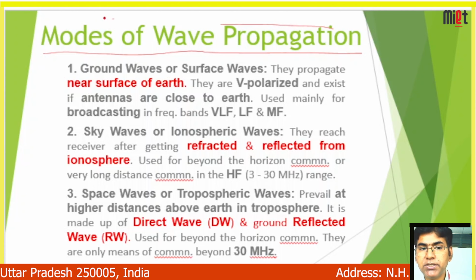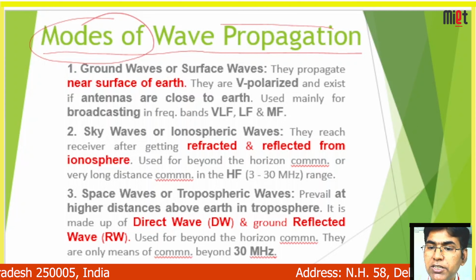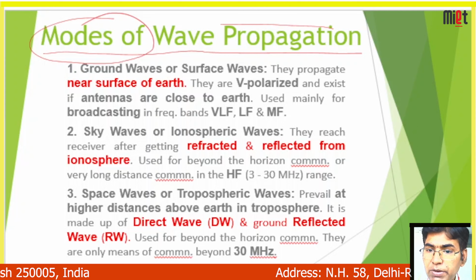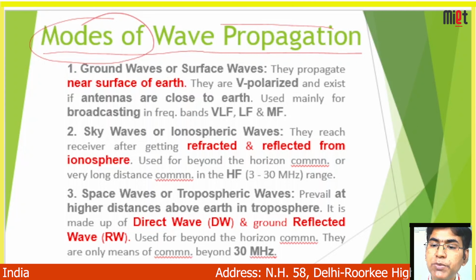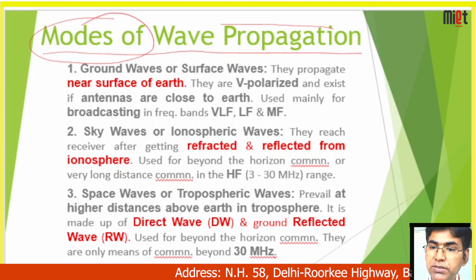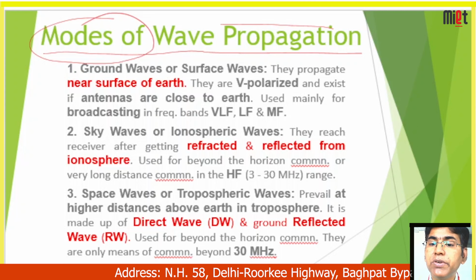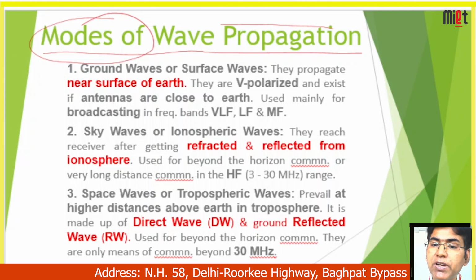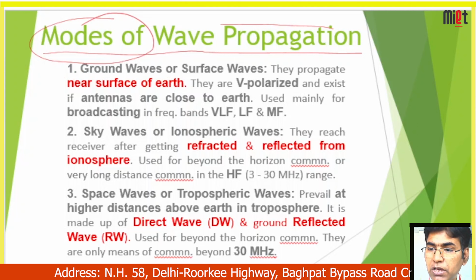Modes of wave propagation means different methods by which an electromagnetic wave can travel in space between the transmitter antenna and the receiver antenna.